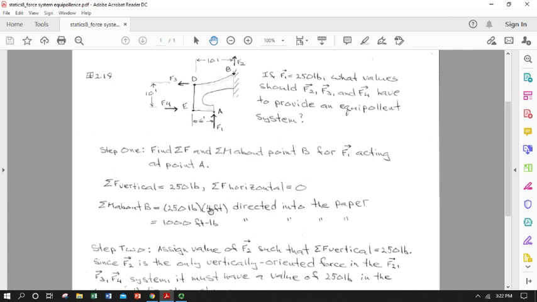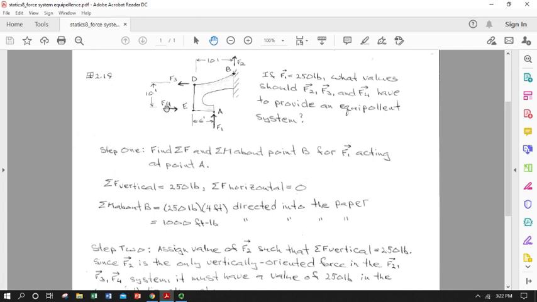Now there could be a whole lot of answers to that, except our life is made simple by the fact that F1 is vertical, and there's no horizontal in our first force system. And that means that F2 is going to be the only net force that we have in our system, so it's the only one oriented vertically. So F2 by definition is going to have to be 250 pounds.